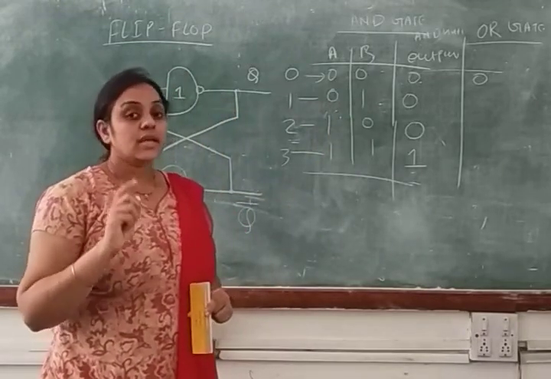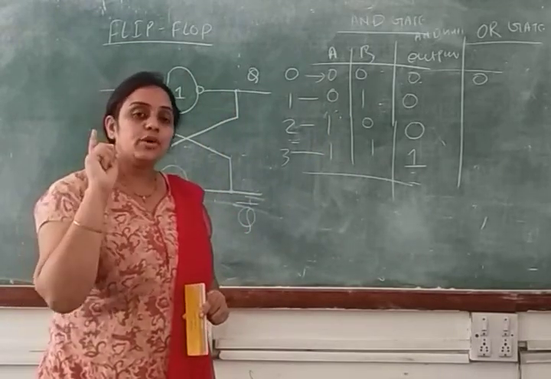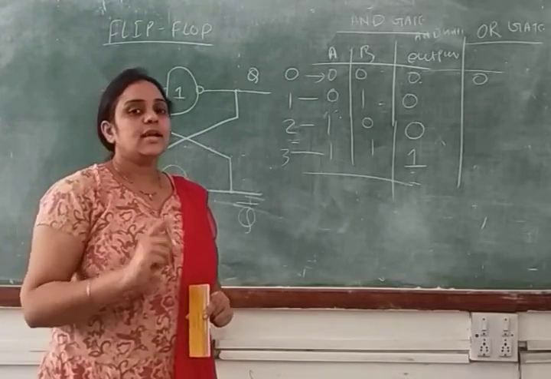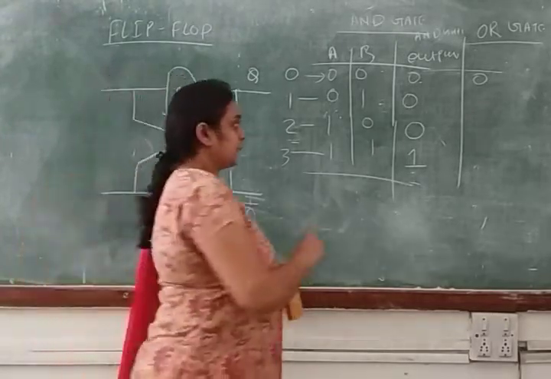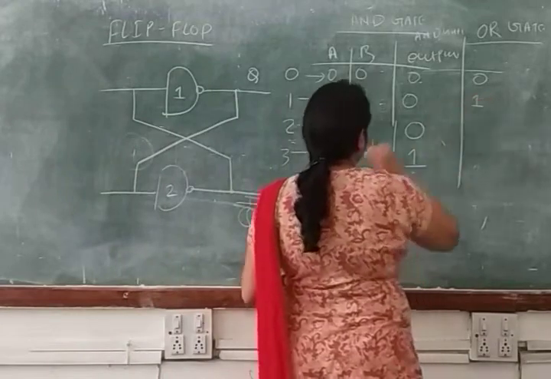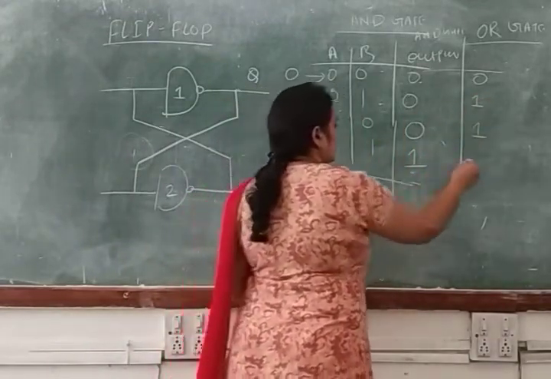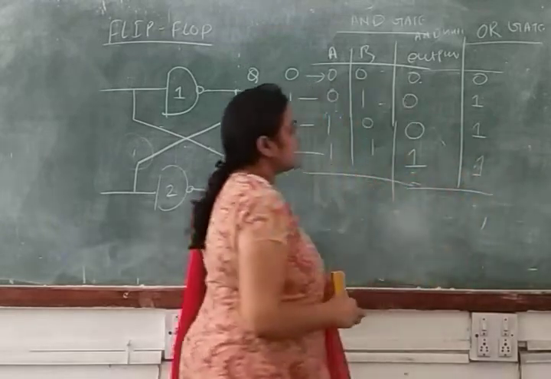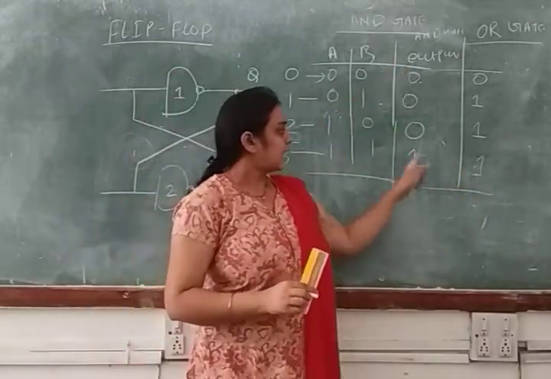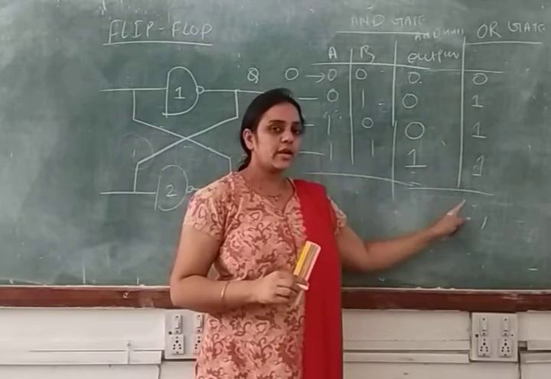According to the characteristic of the OR gate, if a single input is 1, your output will be 1. So here the output is 1, again the output is 1, and here the output is 1. So this is the AND gate output, and this is the OR gate output.